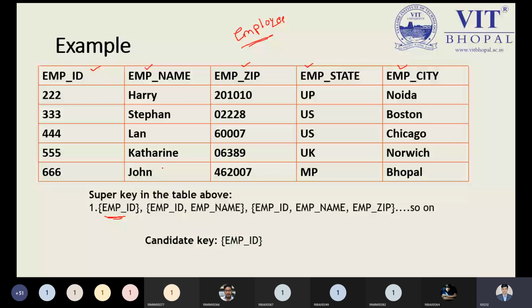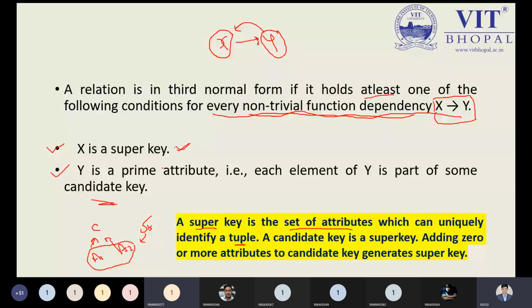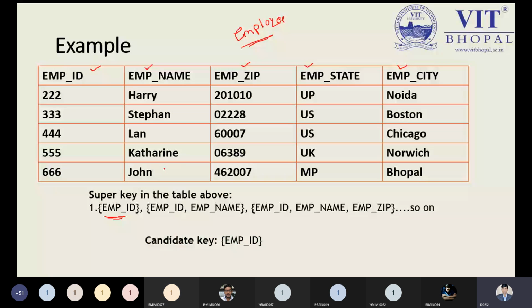Yes, of course. If you remember the keys we have seen, first was the super key, then the candidate key, and then the primary key. A primary key can be a set of attributes, and we have done this in the practical. A primary key can be a set of two different attributes.